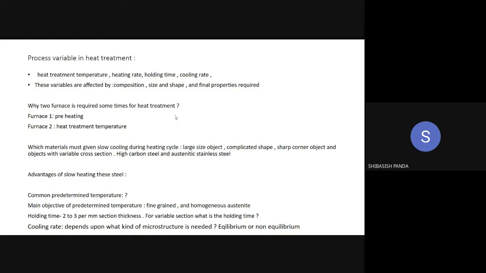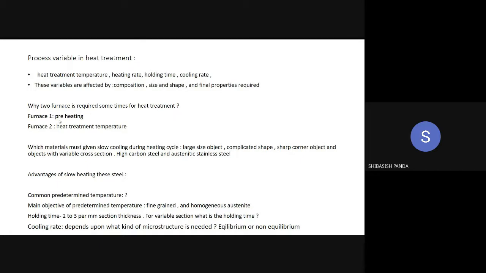But the holding time at the predetermined temperature sometimes changes. It is sometimes inversely proportional. If you are holding the sample for a longer interval of time, the predetermined temperature may be somewhat lower. But if you are doing less holding time, you can go for a higher predetermined temperature. You people understood why this is so? I will tell you soon.